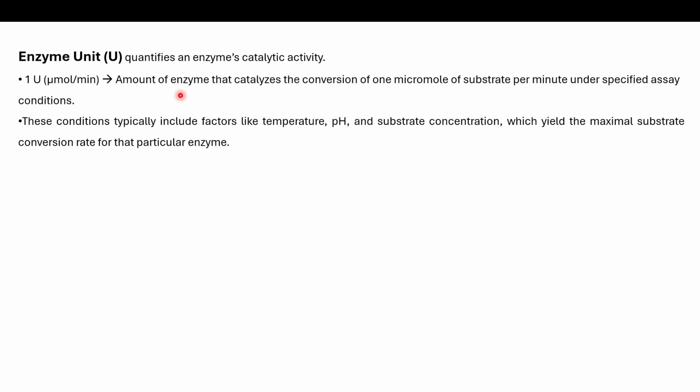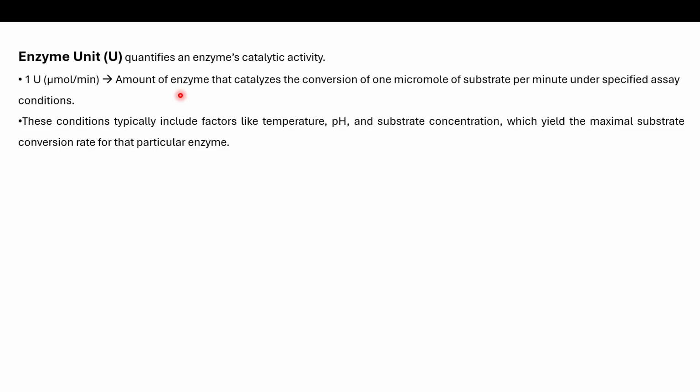Assay conditions can vary depending on what the substrate is, what the buffer is, the pH of the buffer, and the salt concentration, like what is the optimum salt concentration for the optimum activity of this particular enzyme. All these have to be taken care of. What is the optimum temperature where this enzyme can show its maximum activity?